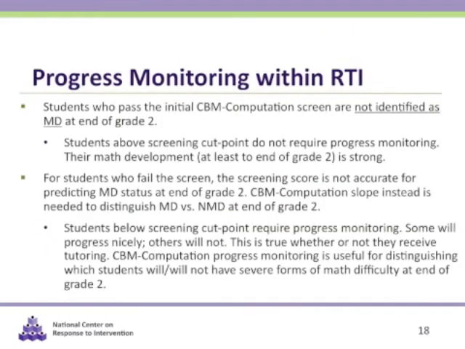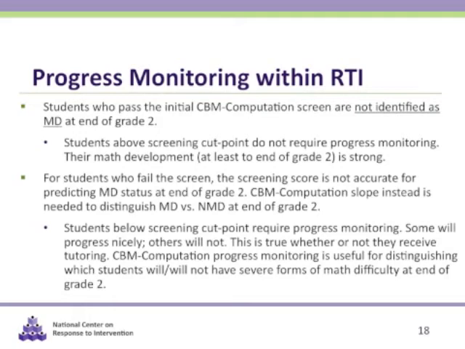So there are some take-home points from these 6 trajectories of development over the course of first grade. The first take-home message is that students who pass the initial CBM computation screen do not turn out to have a math disability at the end of second grade. Students who pass the screen, if it's a good cut point, therefore do not require progress monitoring.